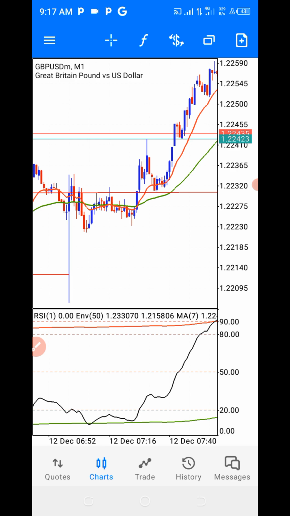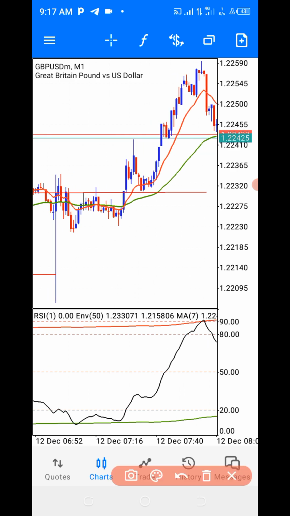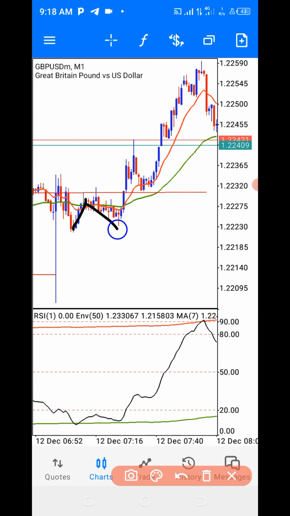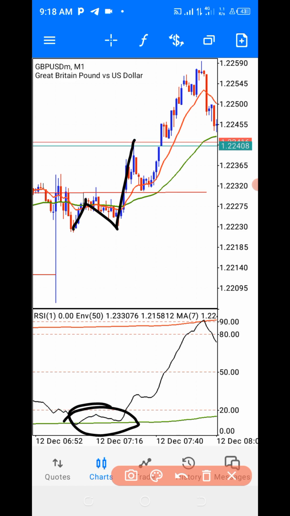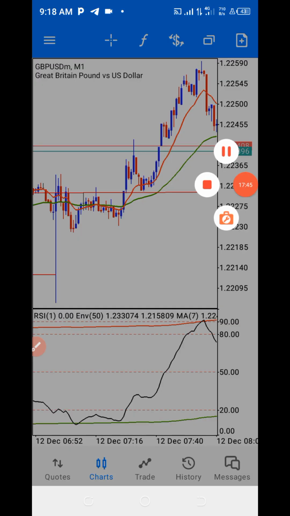So this is my W first leg and second leg, and I'll take my shot here. My envelope strategy is confirming it for me. That is how you use your envelope strategy for a currency pair: do your top-down analysis and your market structure, and align it with your envelope strategy.